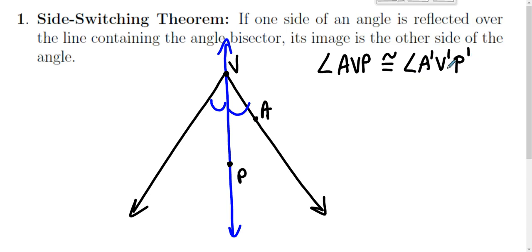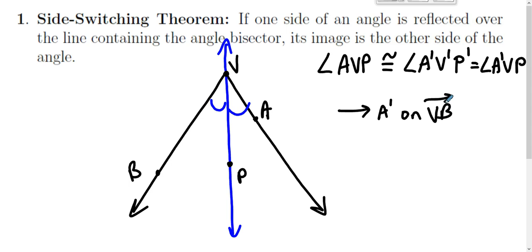So we know that V prime is V, and we know that P prime is P because they are on the line of reflection. So we know that A prime must be on the other ray. A prime is somewhere on there. And if A prime is somewhere on VB, then that's all we need. The image of this side of the angle is this side of the angle.